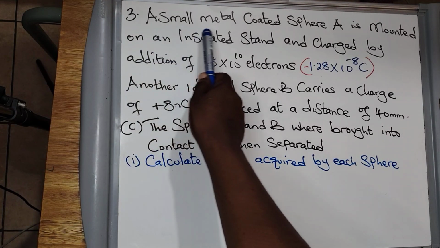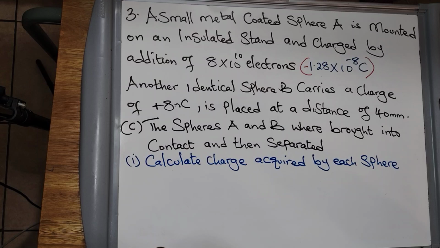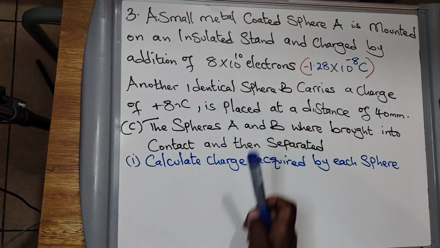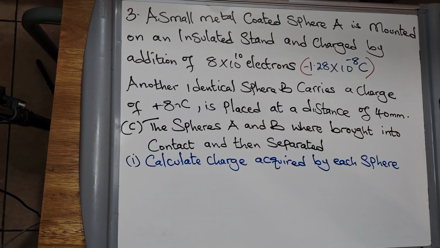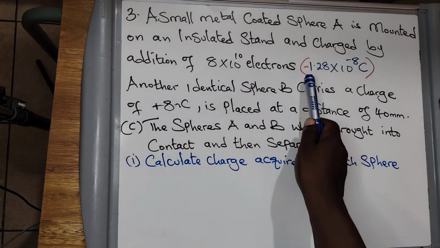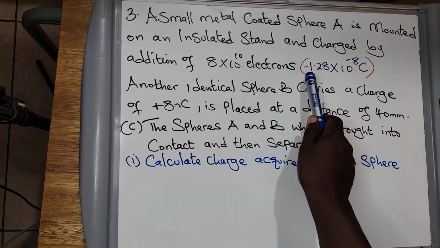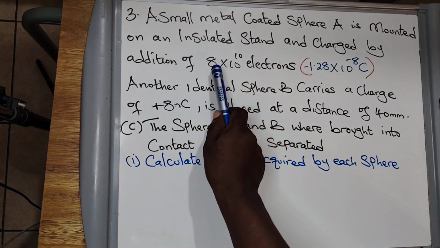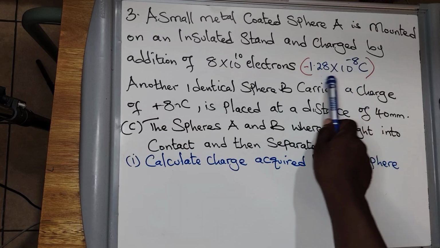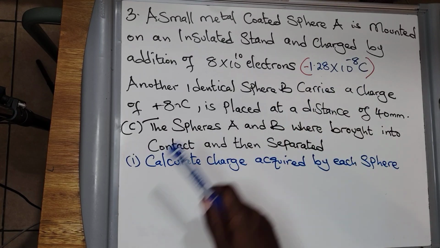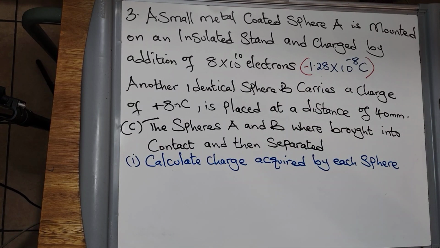It says that a small metal-coated sphere A, mounted on an insulated stand, is charged by the addition of that number of electrons. And from the previous calculation, we realized that when this sphere acquired this number of electrons, it attained this charge, which is minus 1.28 times 10 power minus 8 coulomb.